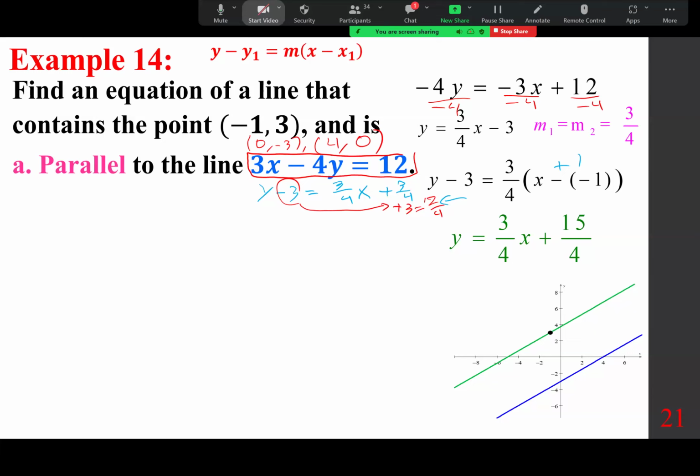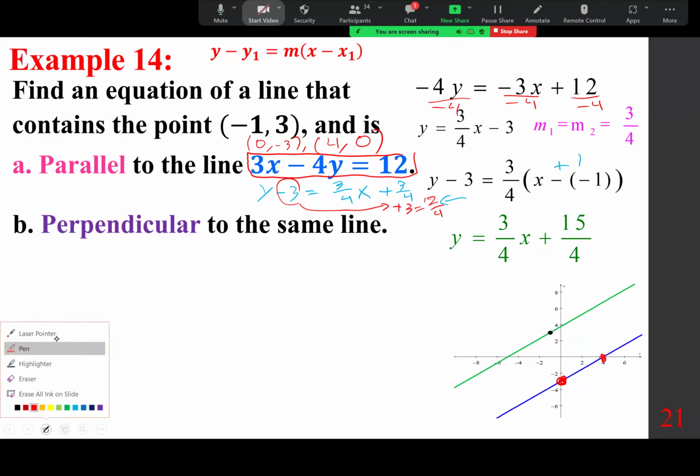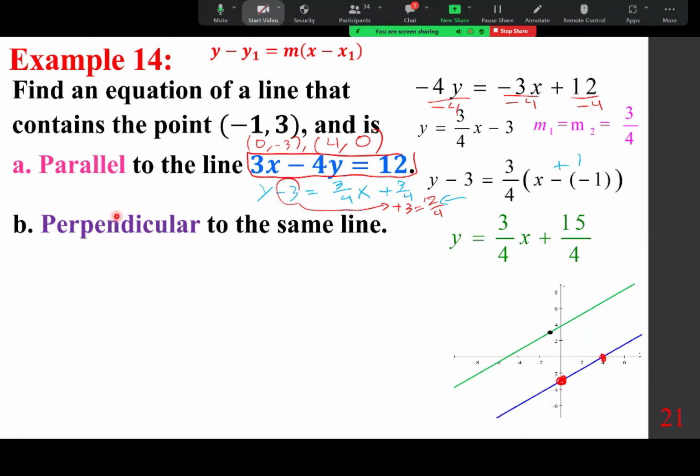And you can do the same thing for the other one. The next part, perpendicular to the same line. The slope was 3/4, so for the perpendicular it is the negative reciprocal. So this one has a slope of -4/3.